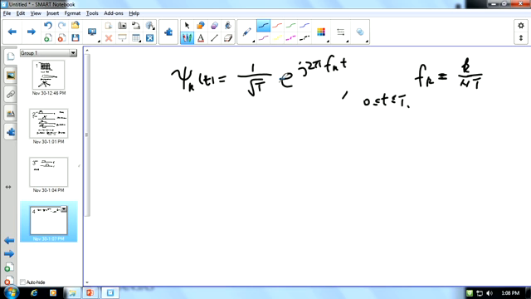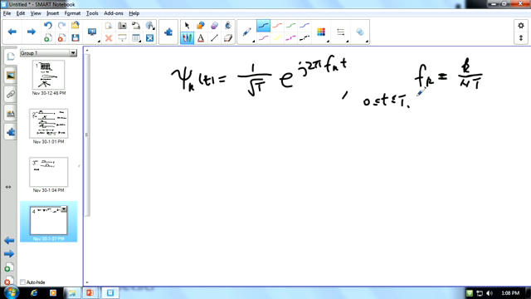If you think about this signal, if we do not have the time limit, the signal just has a single frequency f_k. However, because of the time limit, if the signal is limited in time, then it is going to have unlimited support in the frequency domain. So this signal is actually going to occupy the entire spectrum. And if you perform a Fourier transform of this signal, it's a sinc function. Okay, it's a sinc function.